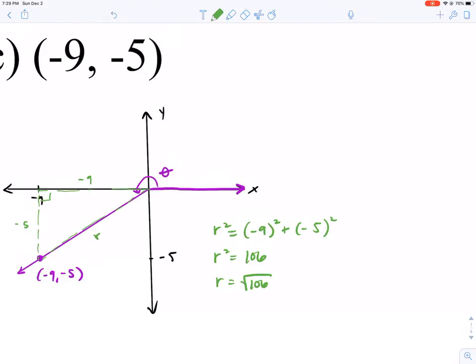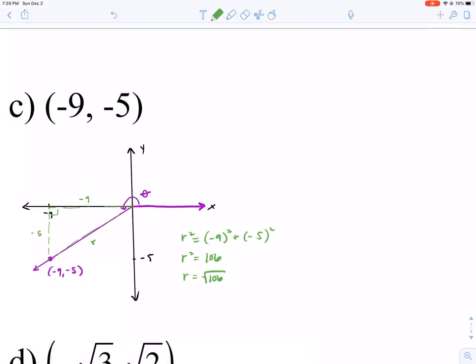which I do not believe simplifies anymore. Yeah, no. I think it's just the square root of 106. Okay, so cosine of theta, which is x over r, would be -9 over the square root of 106.